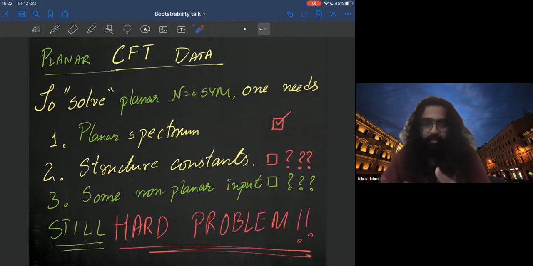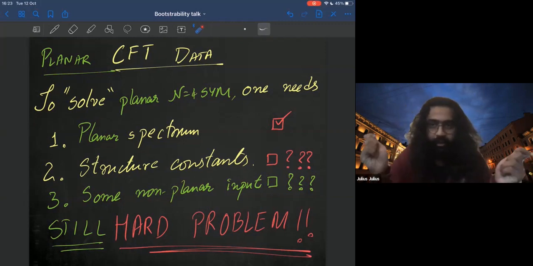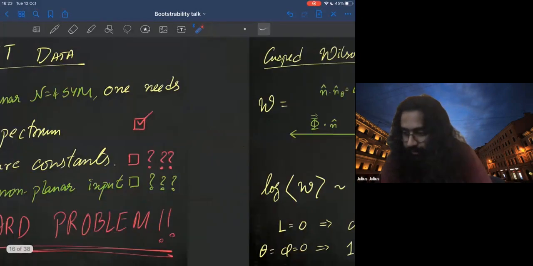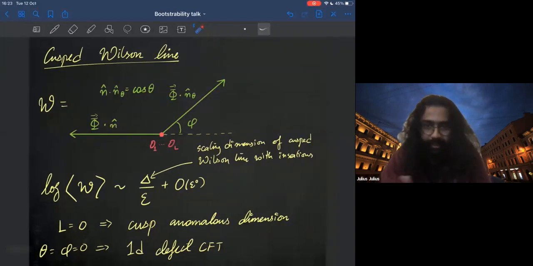The simplification is achieved by studying a line defect in N=4 Yang-Mills. But before I describe the line defect further, I need to make a small detour and talk about the cusp Wilson line, and then I will slowly get on to the line defect.